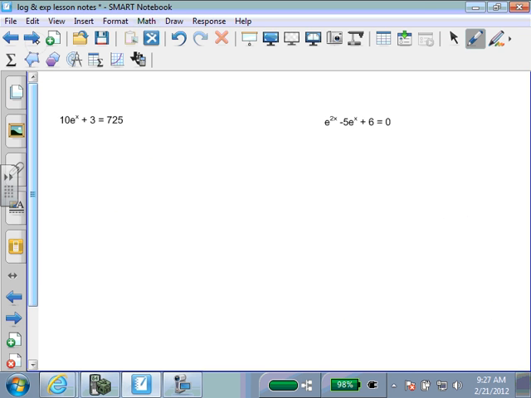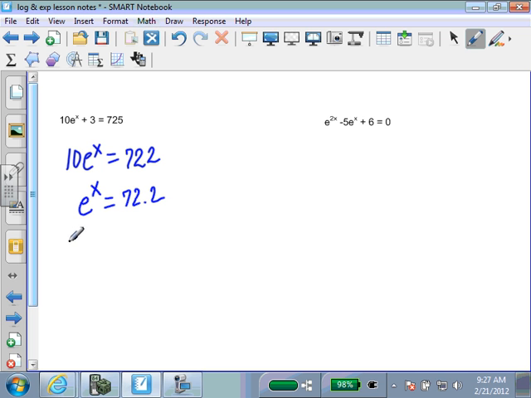Okay, let's try it again with base e. So I can subtract 3 from both sides. So 10 e to the x equals 722. I can divide both sides by 10. E to the x equals 72.2. And now I'm trapped.